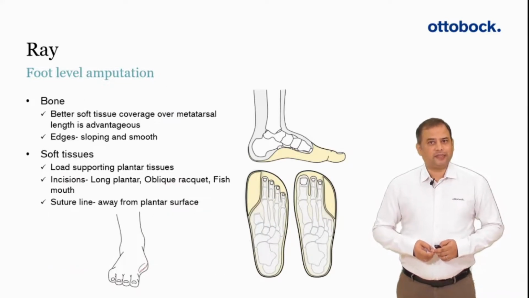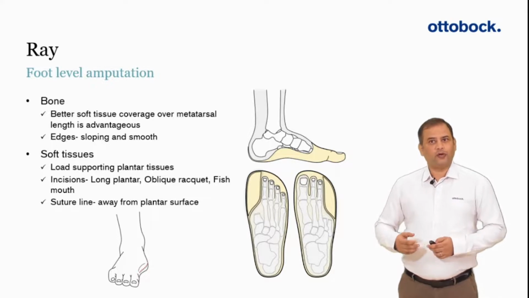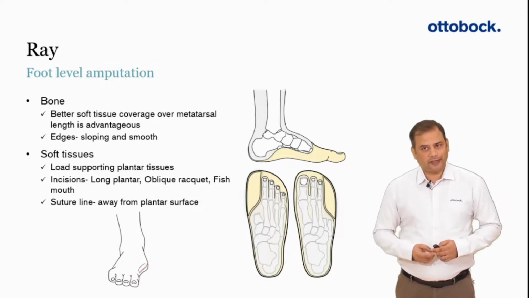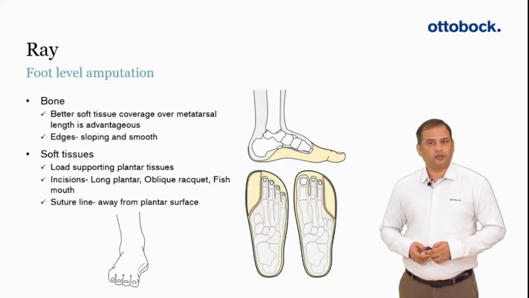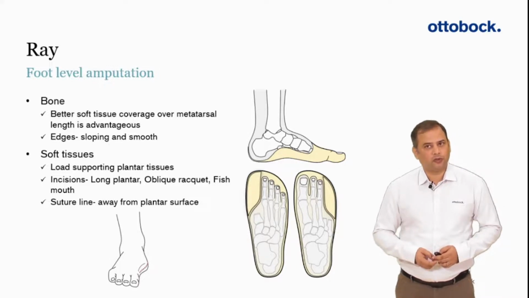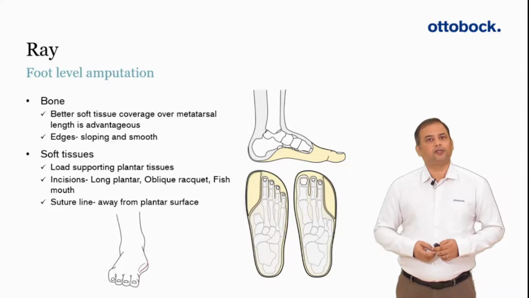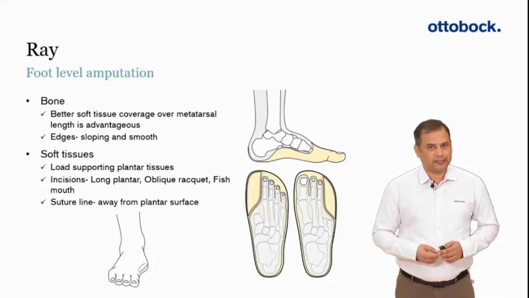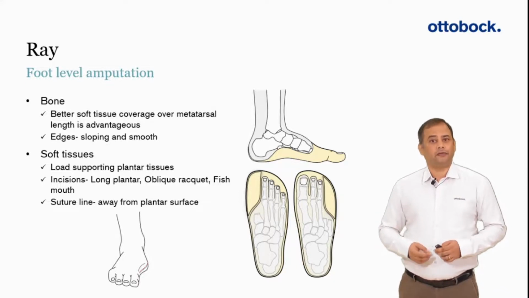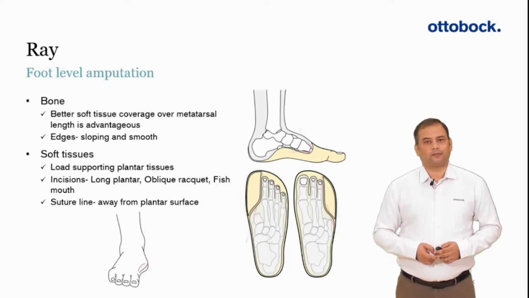From our experience, we see the amount of bone resection affects the outcome. Shorter metatarsal length and more plantar tissue coverage has long-term benefit over longer bone and shorter tissue coverage. This way, the prosthetic and orthotic management can be done more efficiently and recurrence of ulcer can be prolonged.